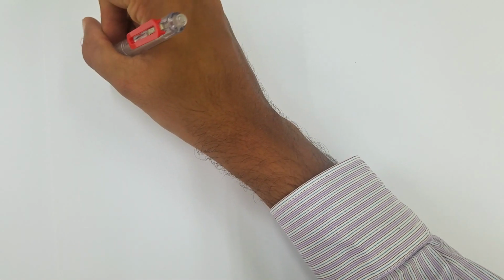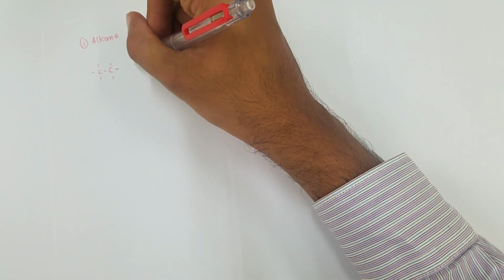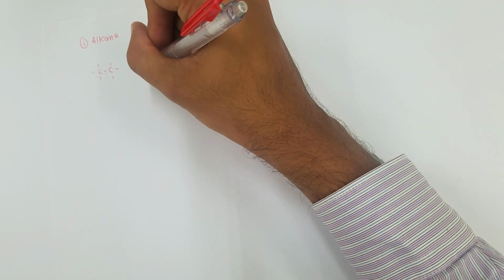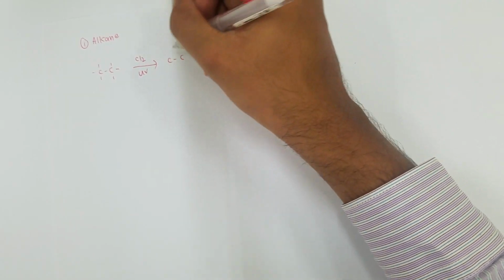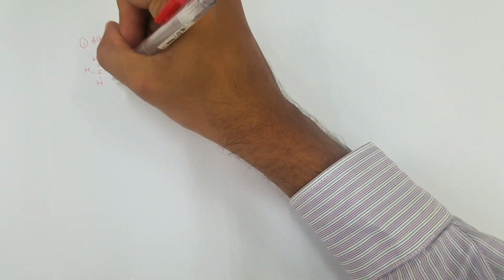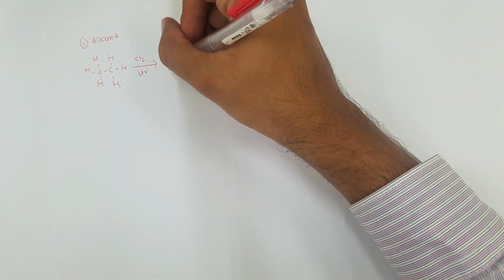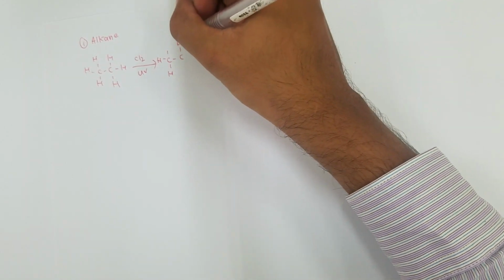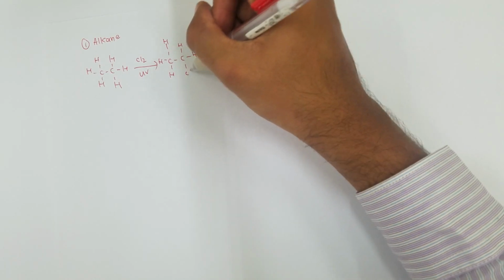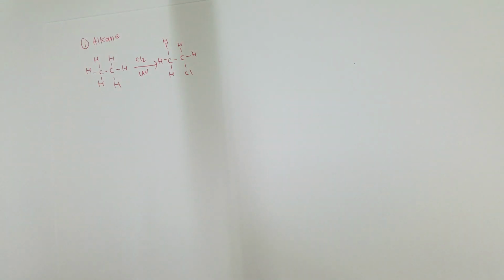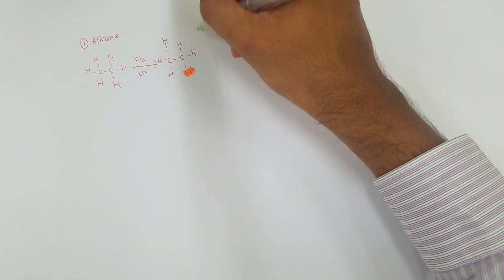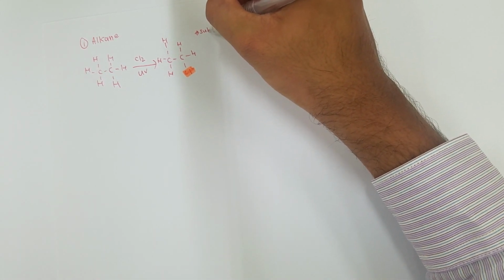For example, if I have ethane, if I add Cl2 and UV, I will be substituting one of the hydrogens with the halogen. So if I'm using Cl2, chlorine, I will get a haloalkane. Okay? So this is an example of substitution reaction.